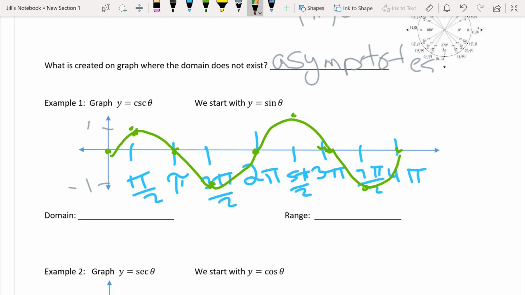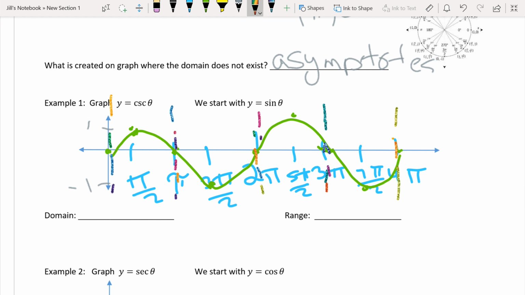So the sine function hits the sinusoidal axis right there at pi, at 2 pi, at 3 pi, and at 4 pi. Okay, those are very colorful asymptotes. Okay, we create asymptotes.